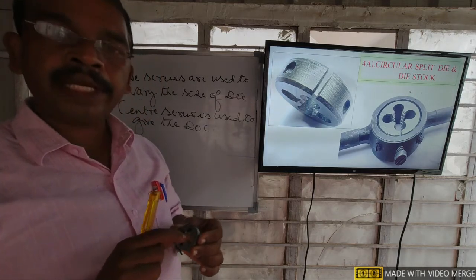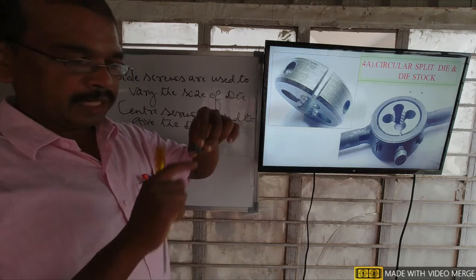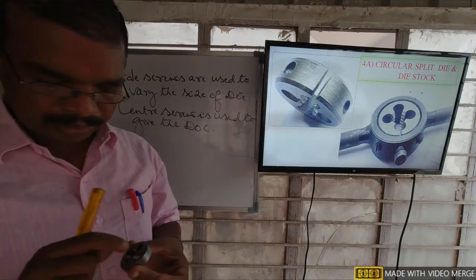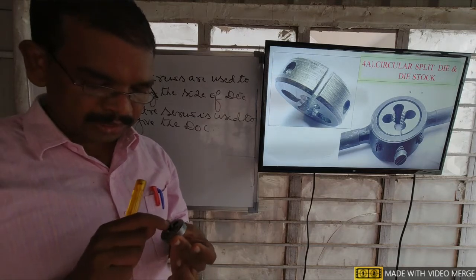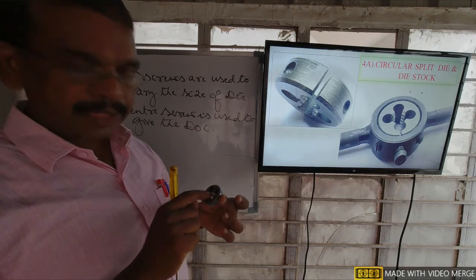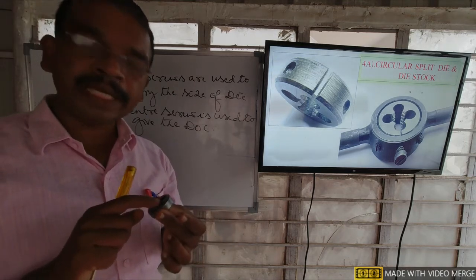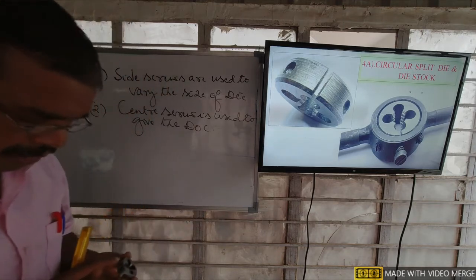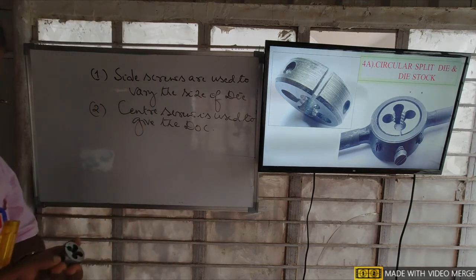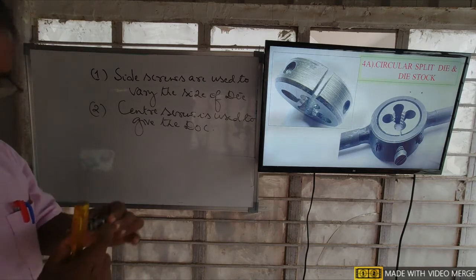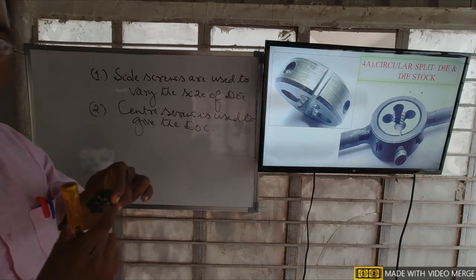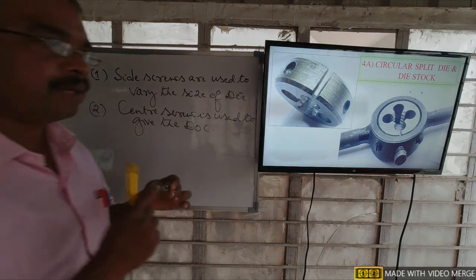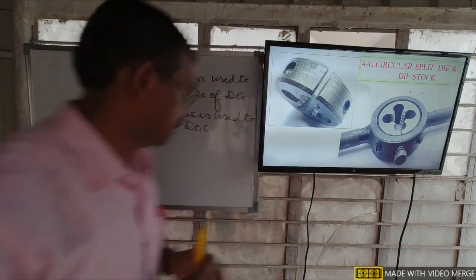Here leading edges are there to position the die during the start of dyeing operation, and the screw slots or grooves are also there, and then these threads are hardened and tempered to increase the hardness and toughness of the threads. Okay, see, these two slots or indents are used to press the die during the dyeing operation, and also this slot is used to give the depth of cut by using this center screw.